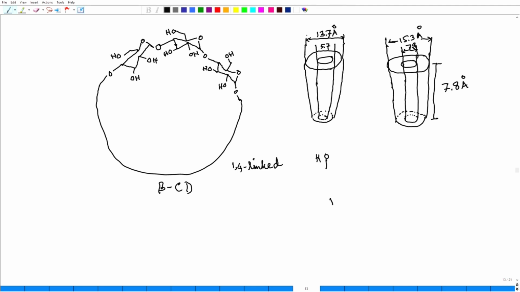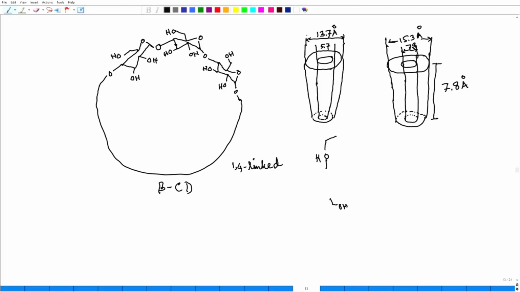So, these OH groups can be functionalized. We can functionalize and we can add something. Okay. We can add, say I can mono substitute it to make it for a particular job.